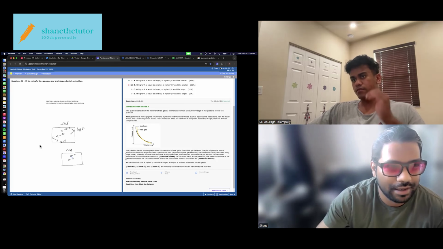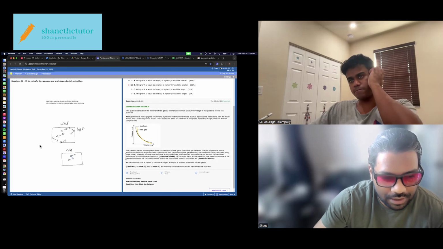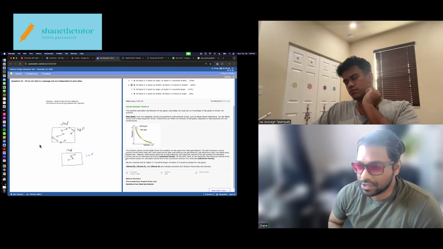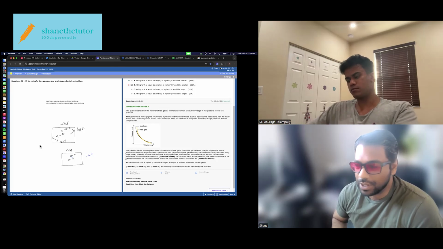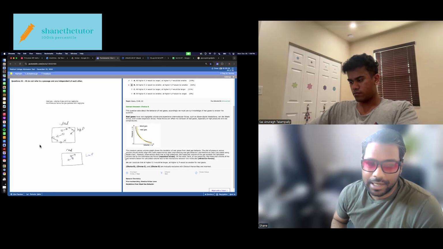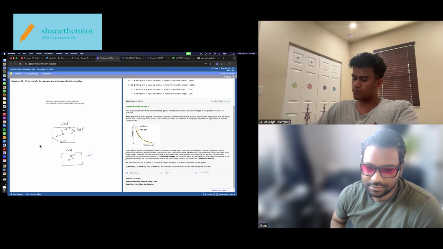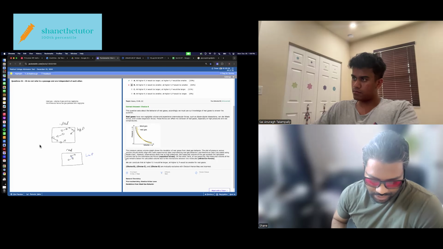Yeah, they'll be hitting it less. So this would be a lower pressure for a real gas compared to an ideal gas, right?